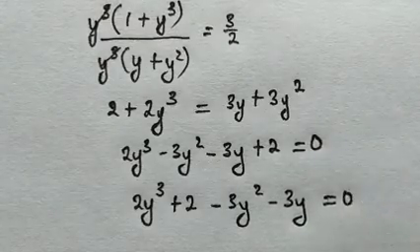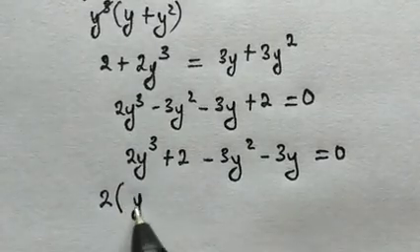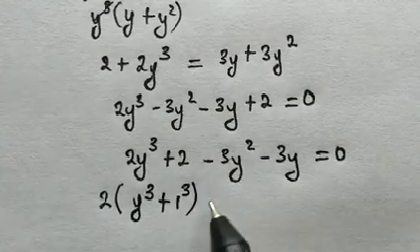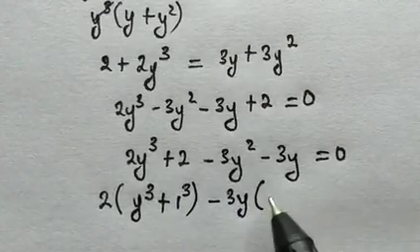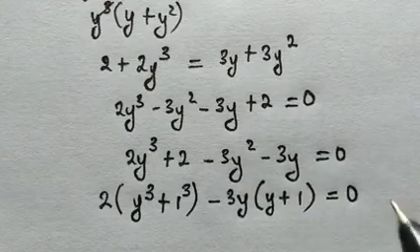This is equal to 0. From here 2 is common. We factor out 2, we get y cubed plus 1, here we can write as 1 cubed. Minus here we factor out 3y, we get y plus 1. And this is equal to 0.